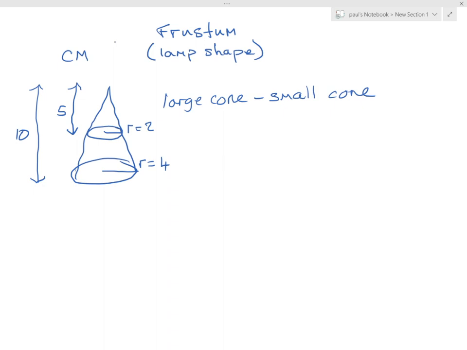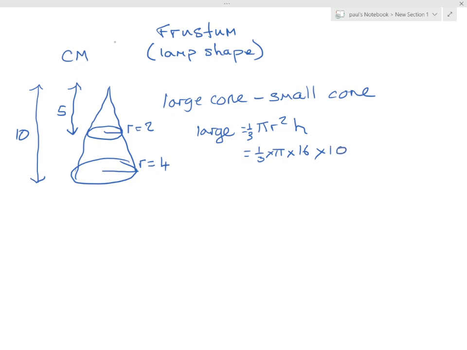Yeah. And so let's just work out the volume of the frustum. The large one is going to be equal to 1/3 times pi times r squared times the height, because it's a cone. 4 squared is 16, times the height, which is 10.